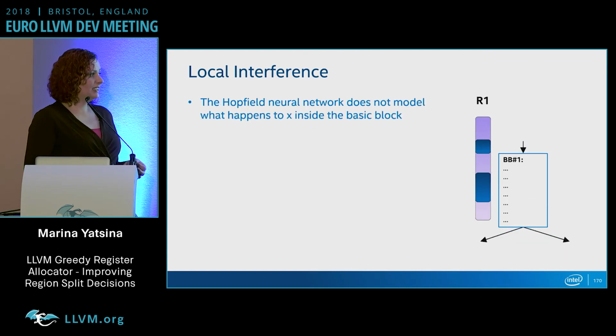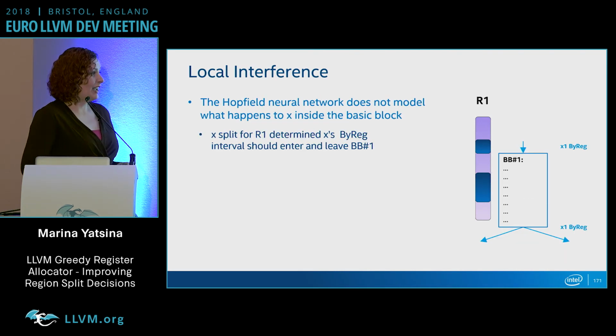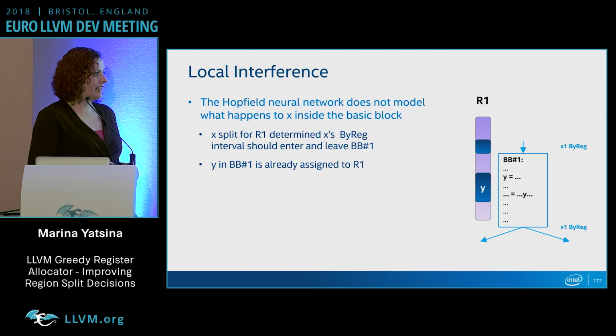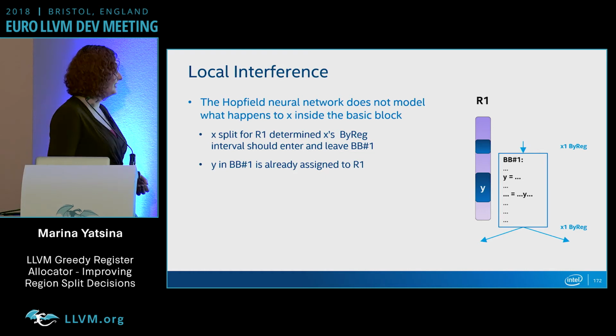Local interference happens when X1 is determined to get into the block by register and get out of the block by register, and we have some interval Y already assigned to that register in the basic block, which is, again, local to the basic block. This is why it's local interference.